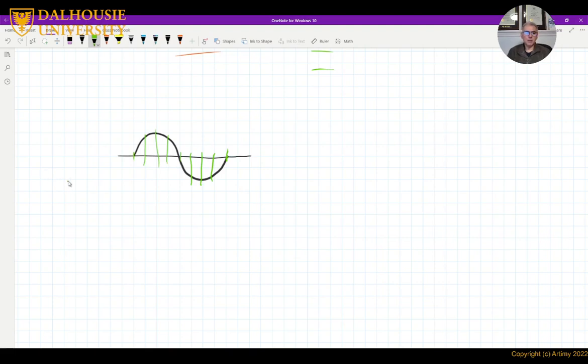So I sampled 8 times, and if this is a second, then I will say the sampling rate is 8 times per second. Okay, and if I do the quantization and send it, what I will receive is something like this, which is very close to the original sine. Okay, great. Let's delete that. And let's try to sample it at a lower rate and see what happens.